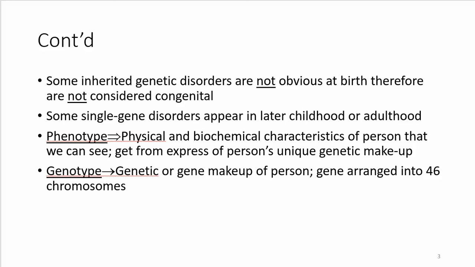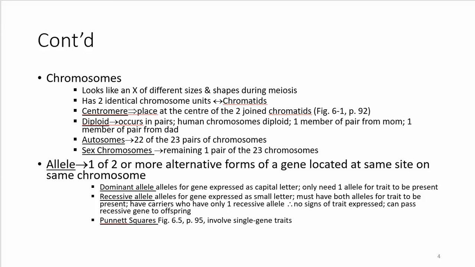Now, if we think back to A&P, we talked a fair amount about this and about what chromosomes look like. In interphase, most of the time in the cell, the nucleus, the genetic material is found as chromatin, and it's only during meiosis or mitosis that it condenses down into chromosomes that are easily seen.